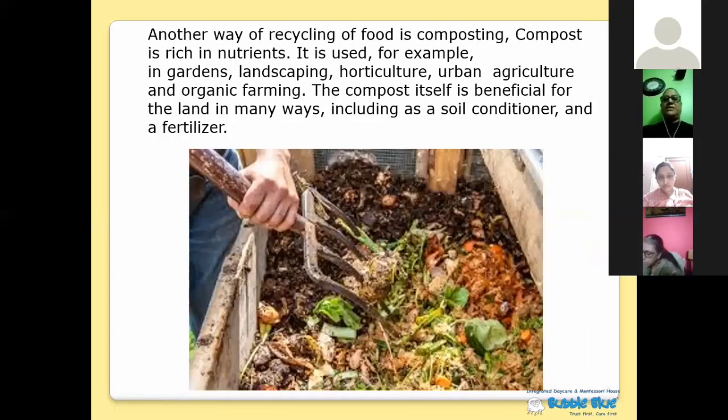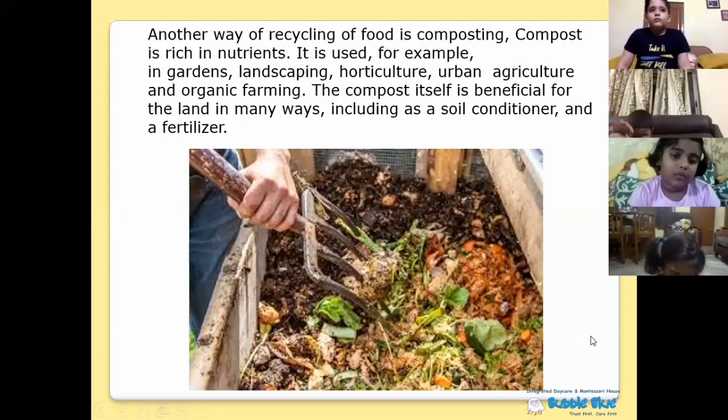Look at this. This is composting. Another way of recycling of food is composting. Some of the children at the Salt Lake branch, the main Salt Lake center, have already done this composting, mixing with the soil and also growing of plants. What is composting?